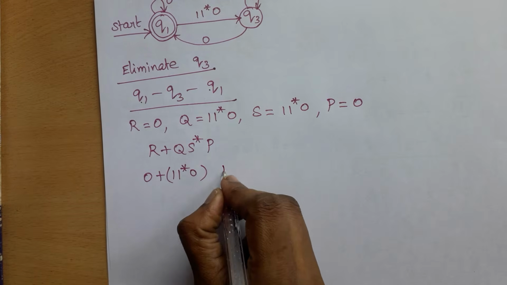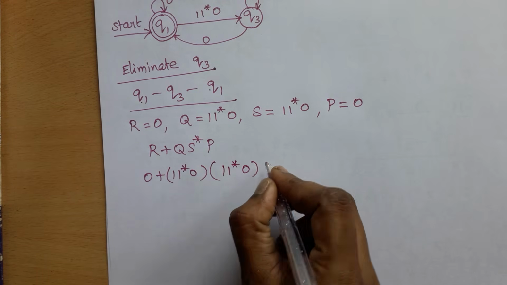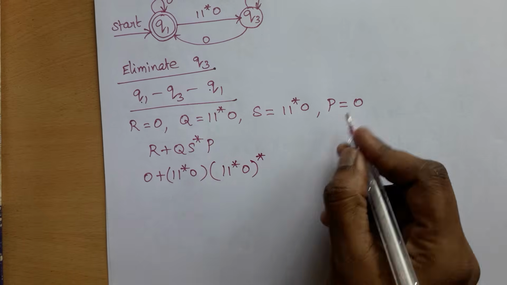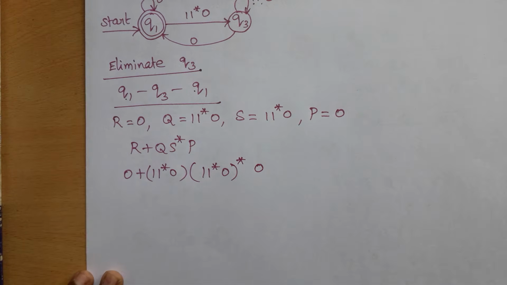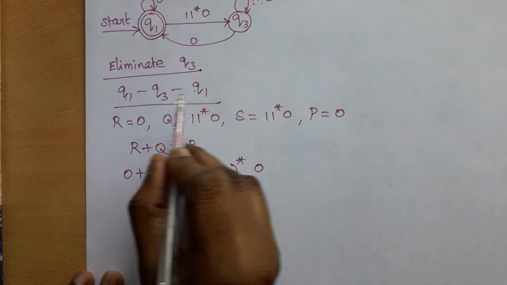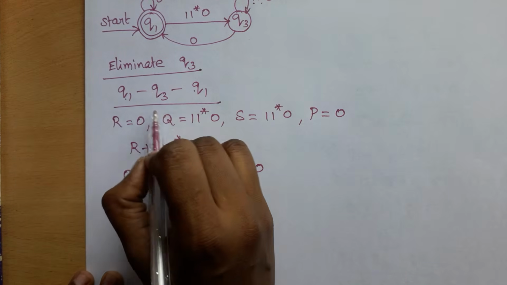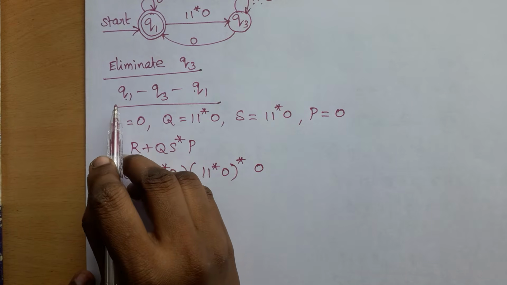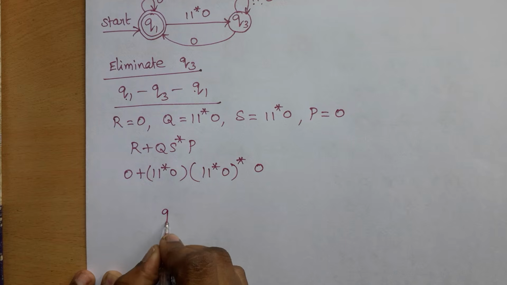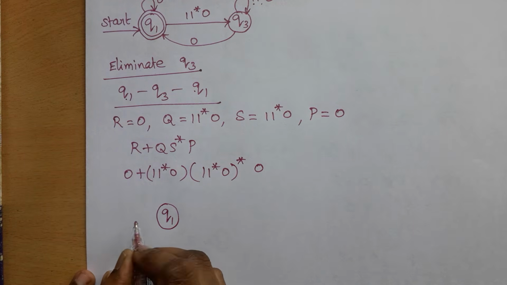So 1 1 star 0 whole star, then P, 0. Now we need to draw an edge from Q1 to Q1. After eliminating Q3, we have to draw an edge from predecessor to successor. So Q1 to Q1, draw an edge.